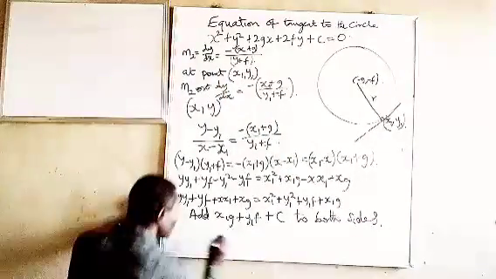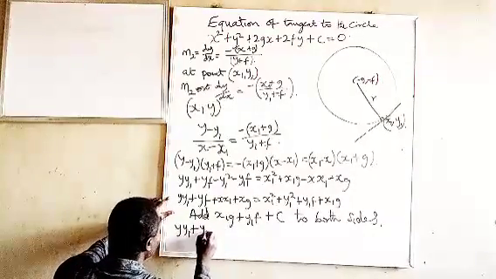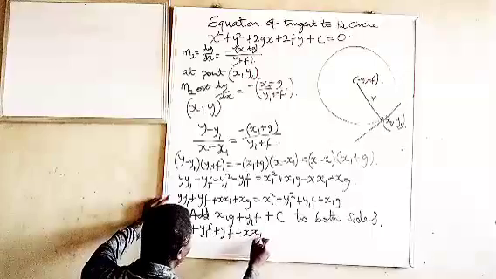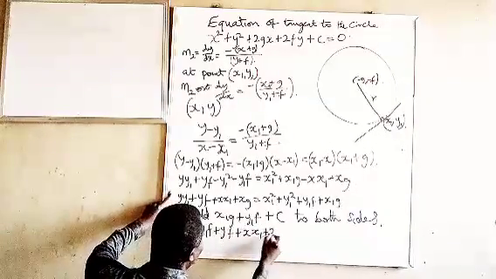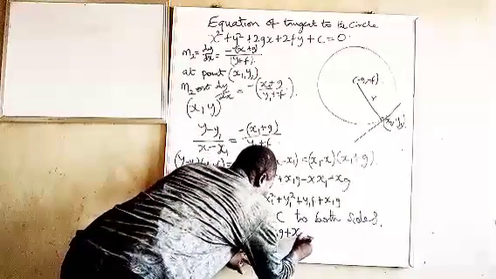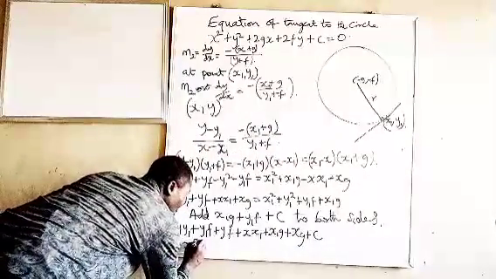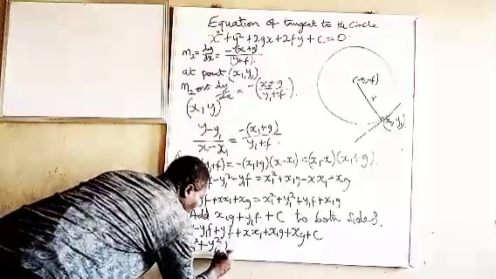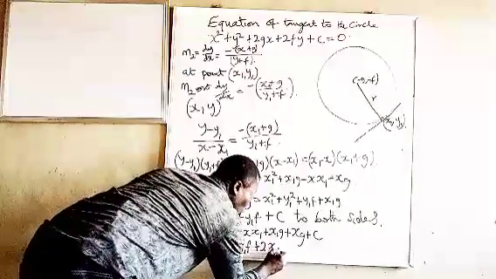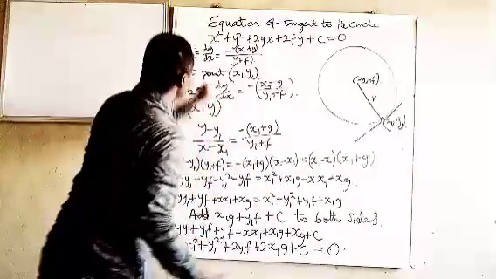And what will that give us? y1 plus y1f plus yf plus x1 plus x1g plus xg plus c will now give us x1 squared plus y1 squared plus 2y1f plus 2x1g plus c. And if you look at this, it's the same thing as this.